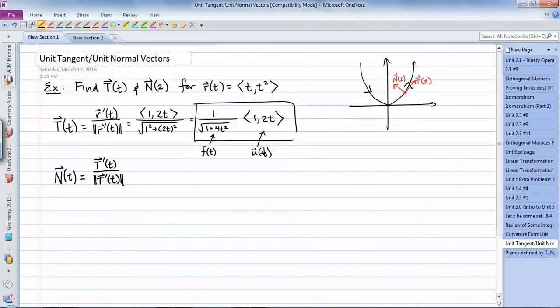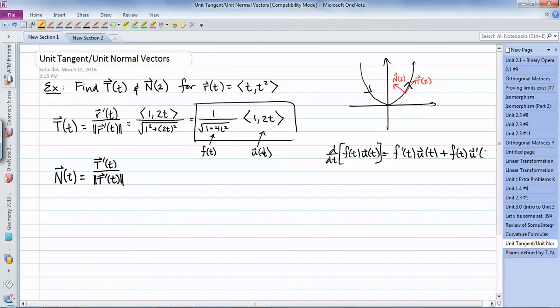And when you want to take the derivative of something like f of t times vector function u of t, you have to turn it into a product rule. And so it becomes f prime of t u of t plus f of t u prime of t.